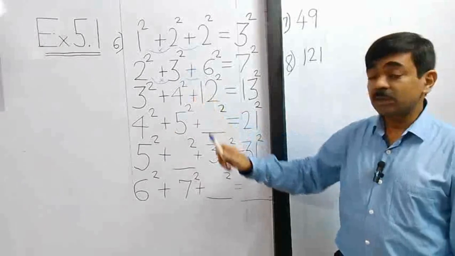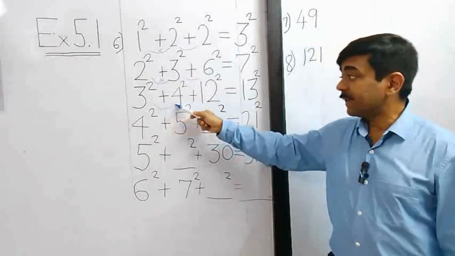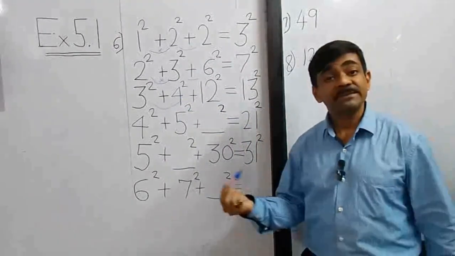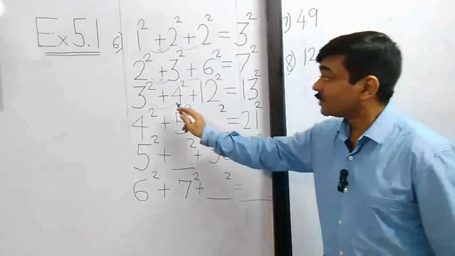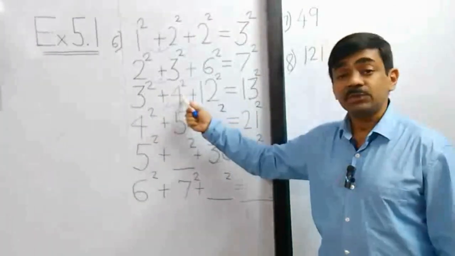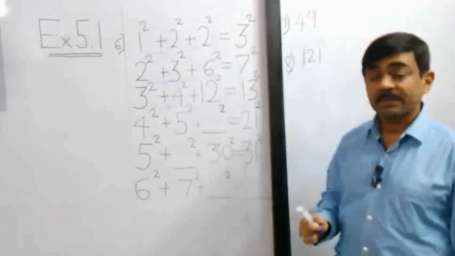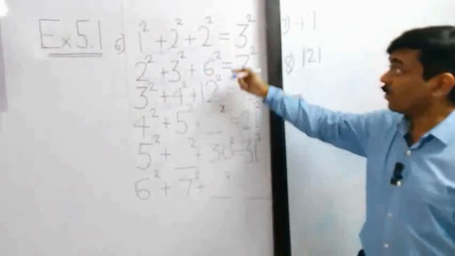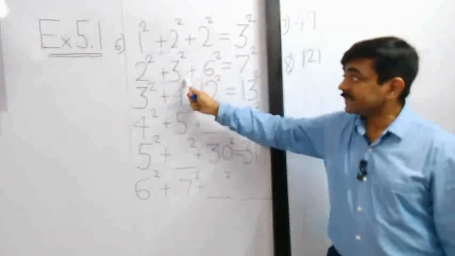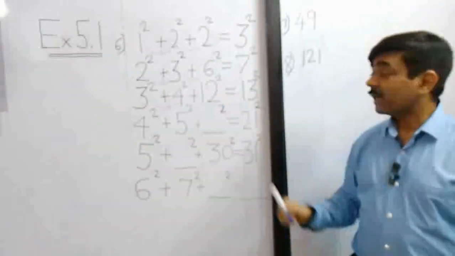Now look at the third question. 3 into 4, which is 4 times 3, equals 12. So when we see the relation of these three numbers, 2 times 1 is 2, 3 times 2 is 6 and 4 times 3 is 12.